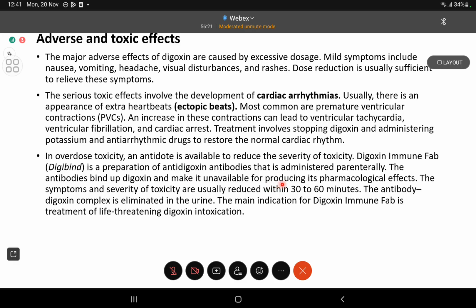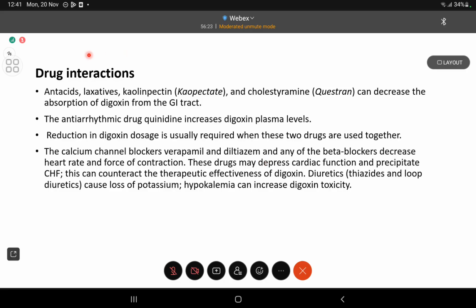Okay. For drug interactions, antacids, laxatives, colestipol, and cholestyramine are able to decrease the absorption of digoxin in your GI tract. Antiarrhythmic drugs, such as quinidine, we are going to study later, will increase your digoxin plasma level.